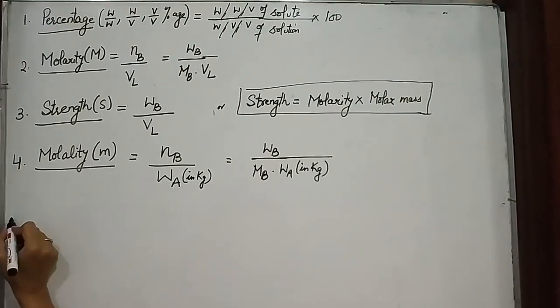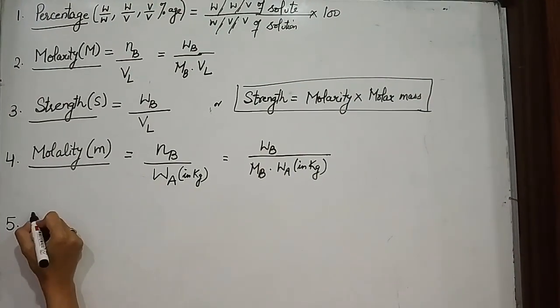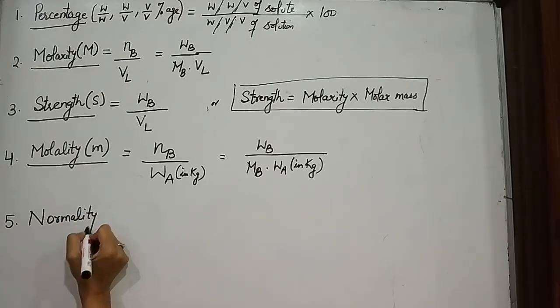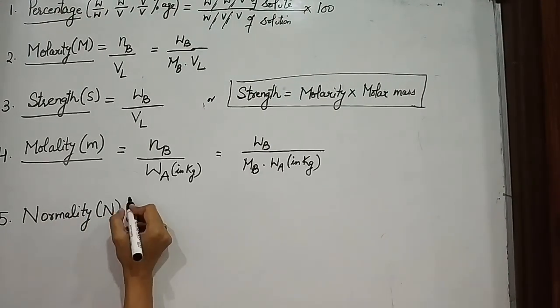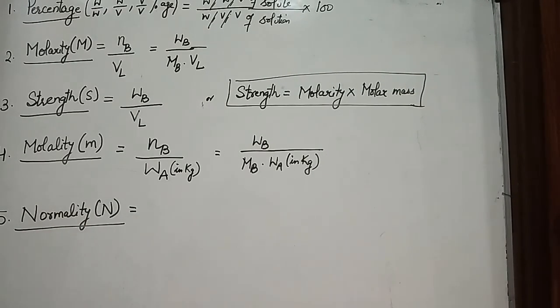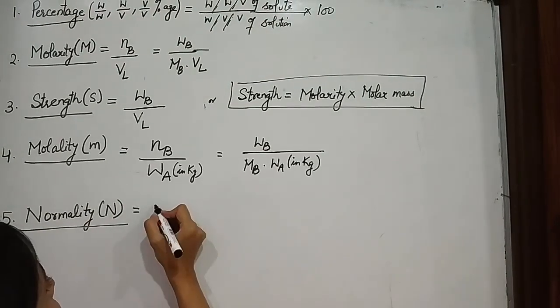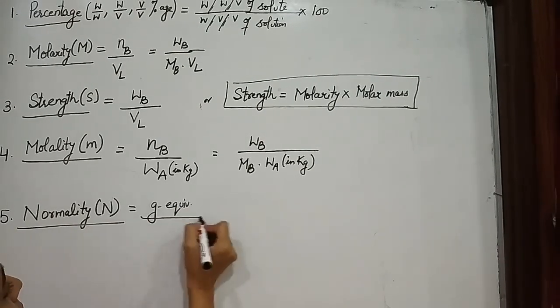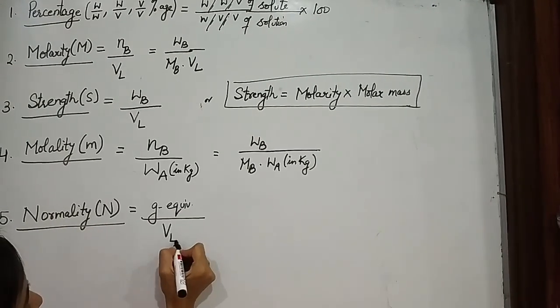Then normality, which is represented by capital N, and it is equal to number of gram equivalent of solute present per liter of solution.